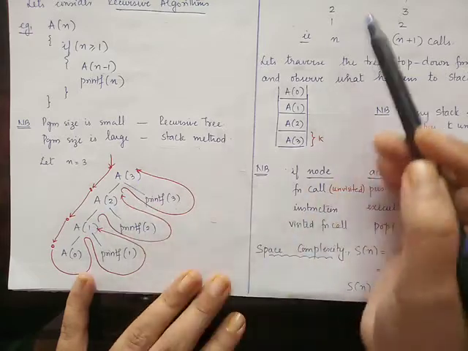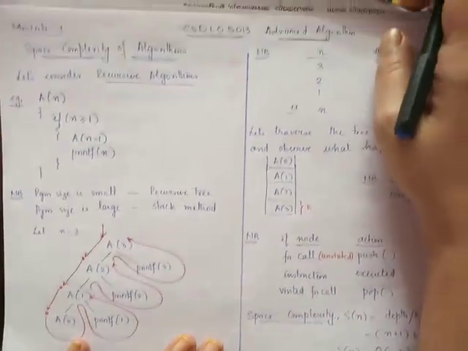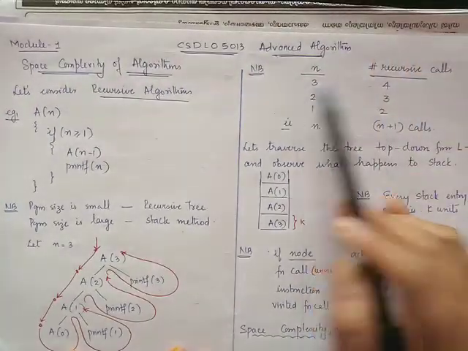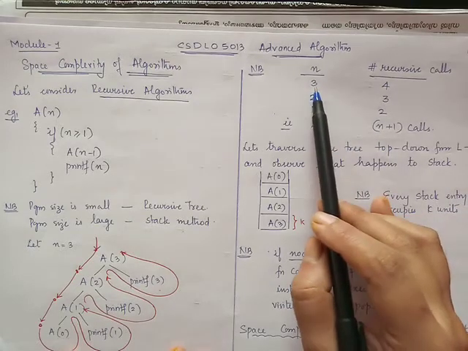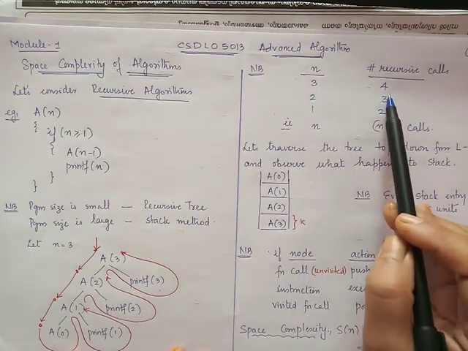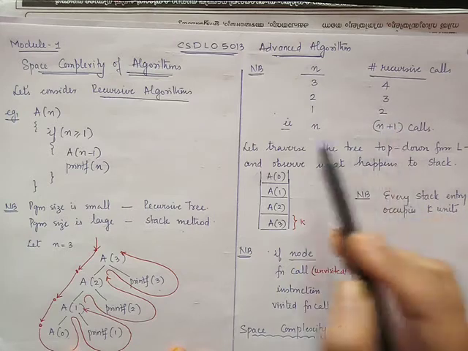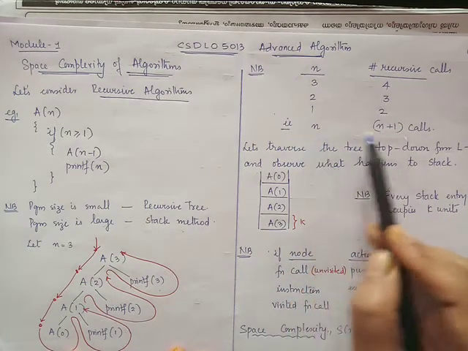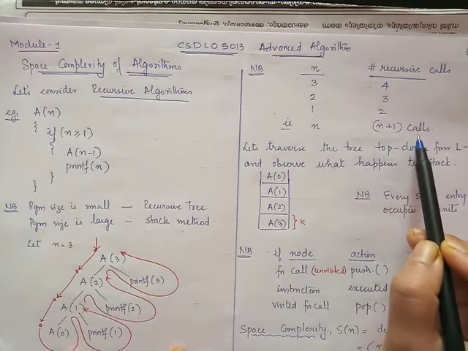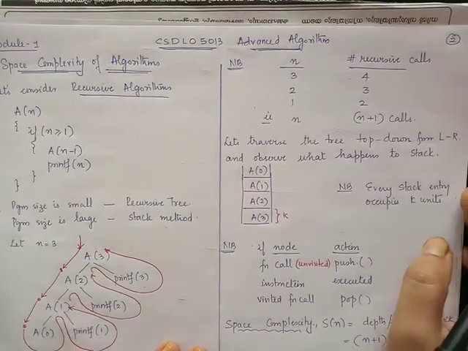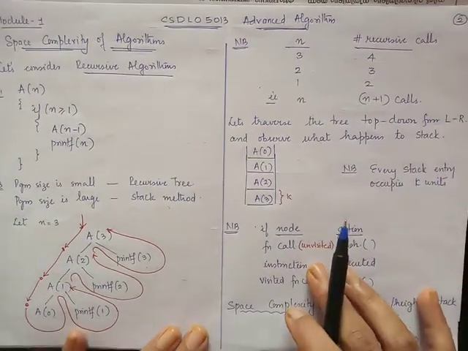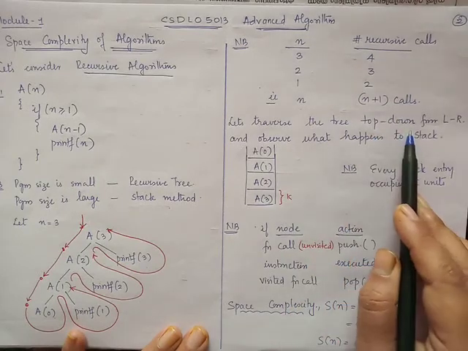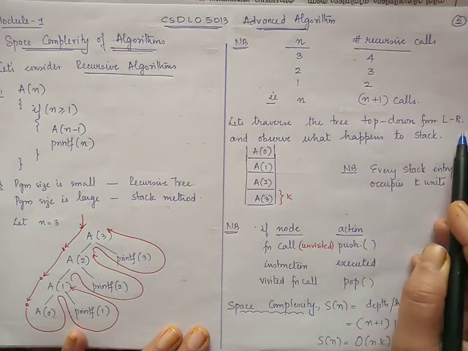We can sum up our findings as follows. That is, n is equal to 3, number of recursive calls is equal to 4, and so on. When the value is n, the number of recursive calls is equal to n plus 1.